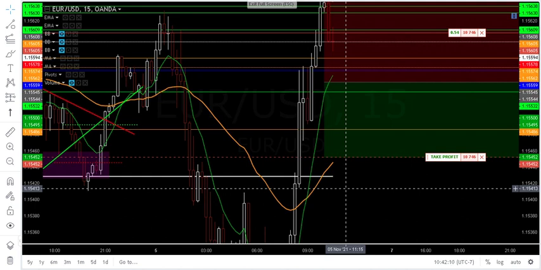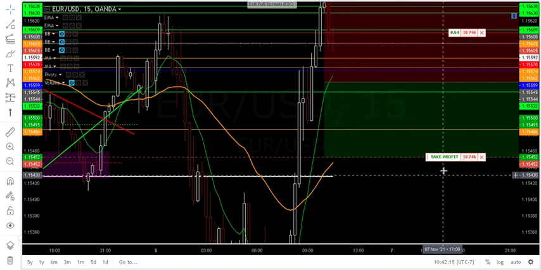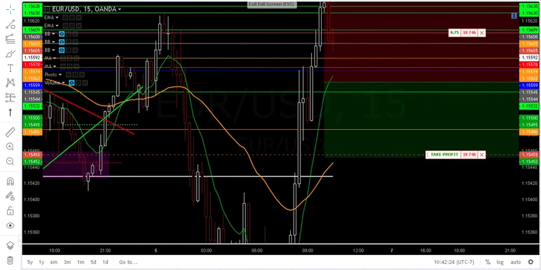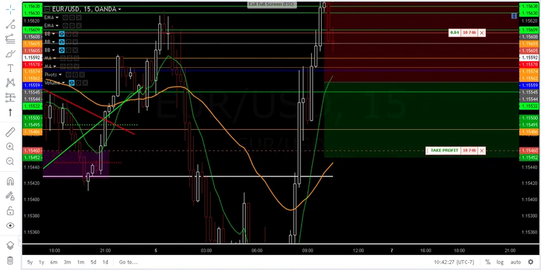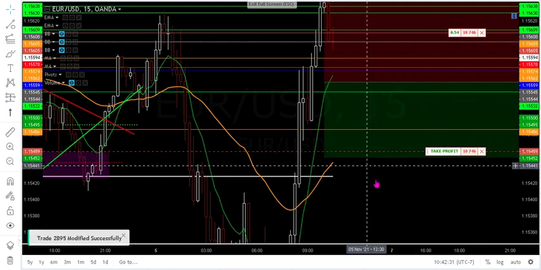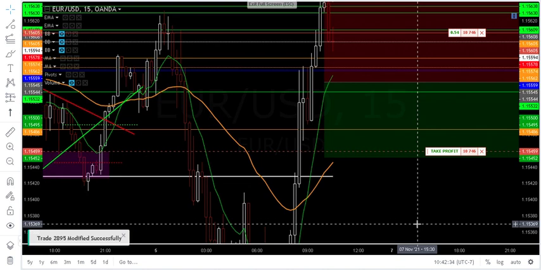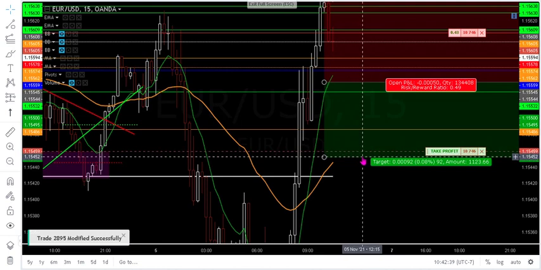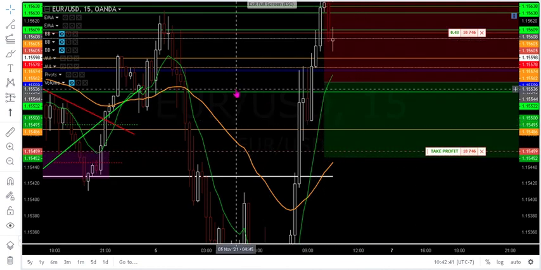So right now I'm at 54.52, and I have to go up 7. So 54.59. This is why I have to put the take profit there, because it's not going to take me out until I get to this green line. So I'll put a red line right there.